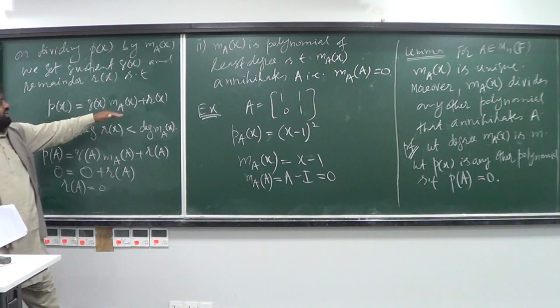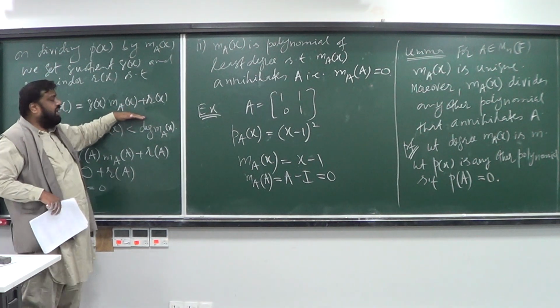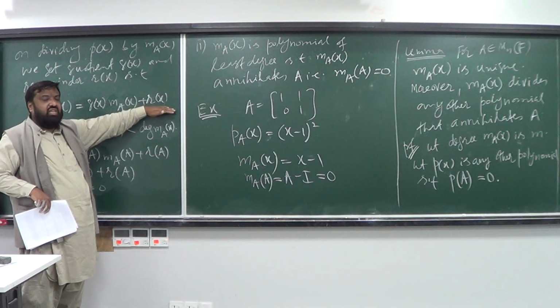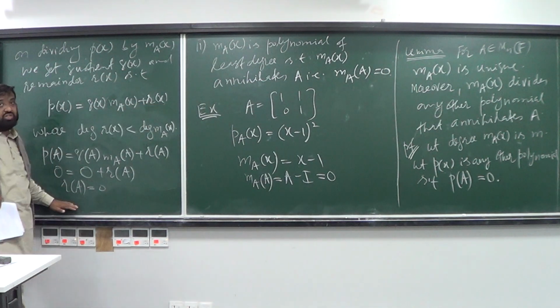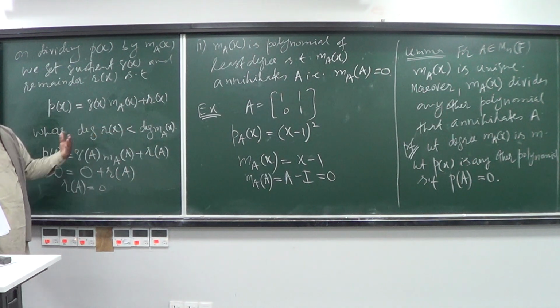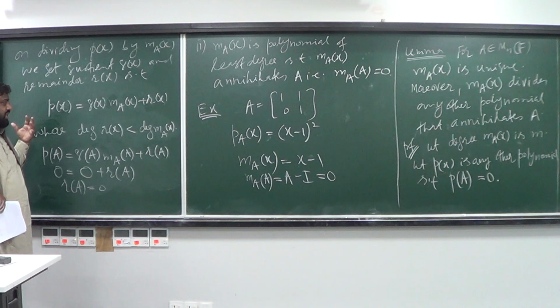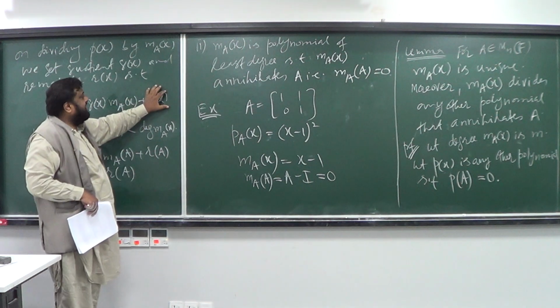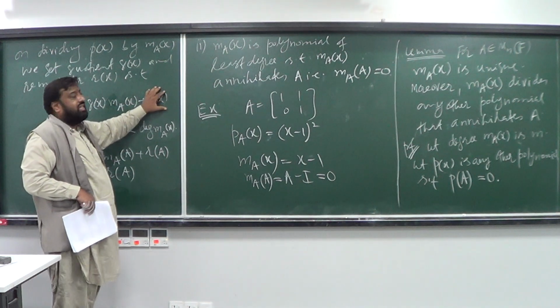So if the remainder is there, you reach a contradiction that MA of x is the minimal polynomial. What is the best way to avoid this contradiction? That there is no remainder in this equation.